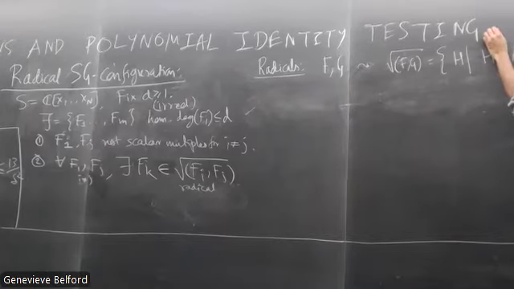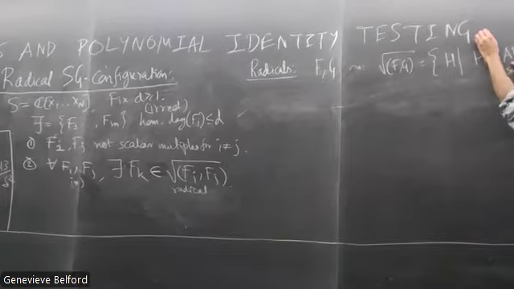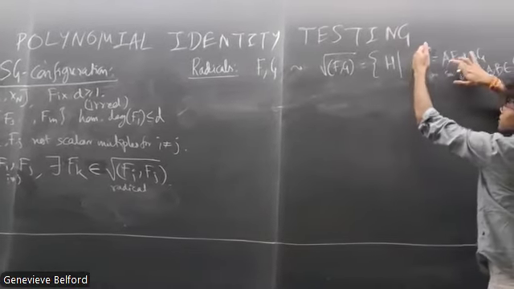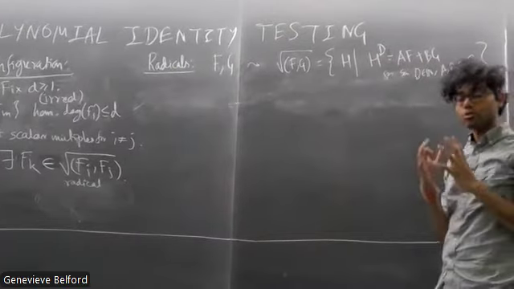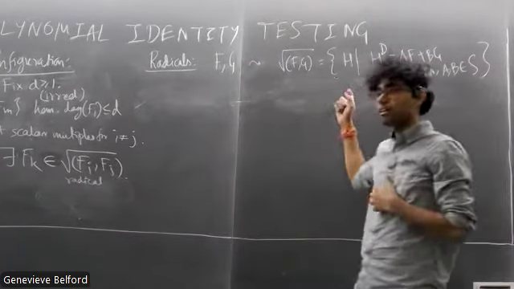If I just had h, that would be the ideal generated by f and g. If I just require that some power is in this ideal, that's the radical. The set of all such polynomials is the radical.